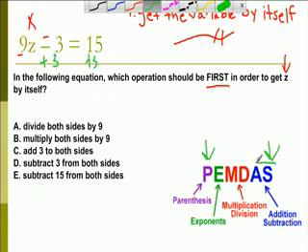So the first thing here, we have addition and subtraction. So that's the first thing that we do. So look down here. Should we do A, divide both sides by 9, B, multiply both sides by 9, C, add 3 to both sides, D, subtract 3 from both sides, or E, subtract 15 from both sides? Based on our order of operations, we should be adding 3 to both sides first.